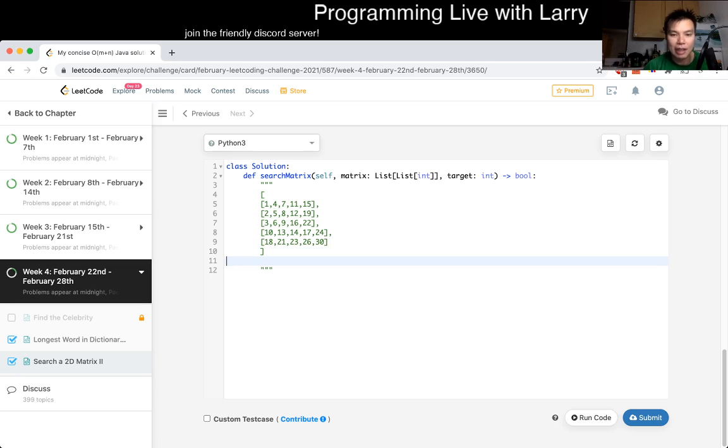But the idea is that, okay, if you look at any cell, what does this tell you?